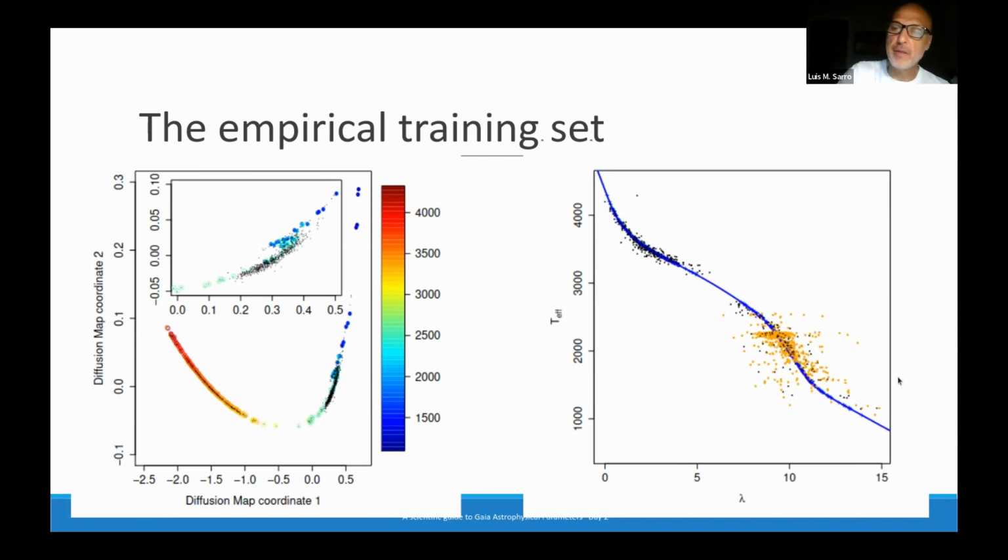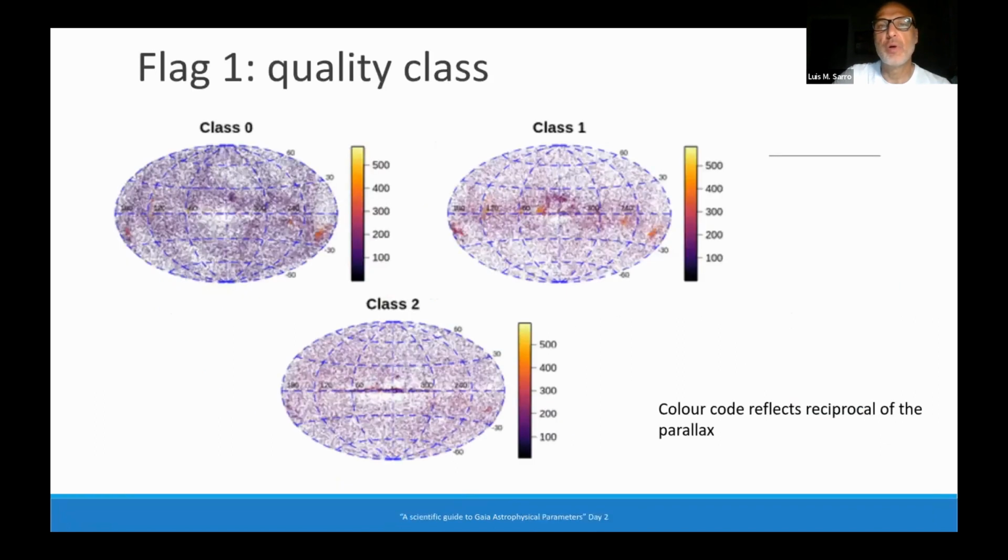You see there is significant dispersion in the non-standards, but the black dots show a relatively narrow sequence, which is followed by the blue line. So we used these to construct a set of several hundred true, real Gaia UCD spectra, for which we had estimates of the temperature using this calibration. And it was that set of several hundred spectra that we used for training our regression model.